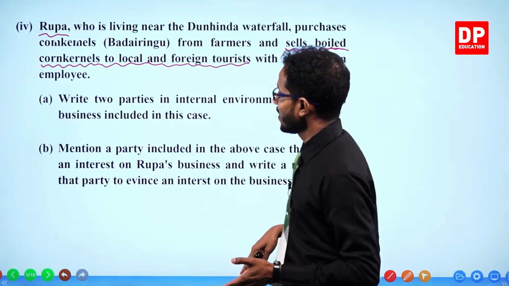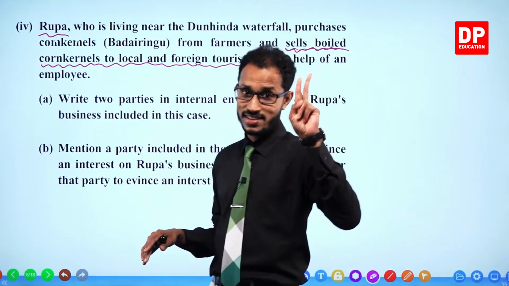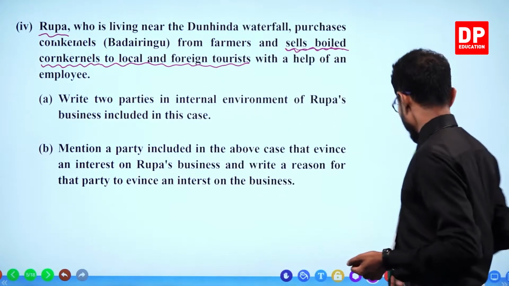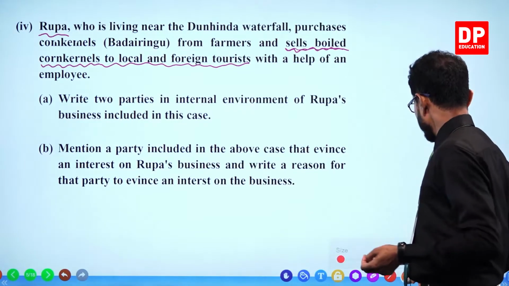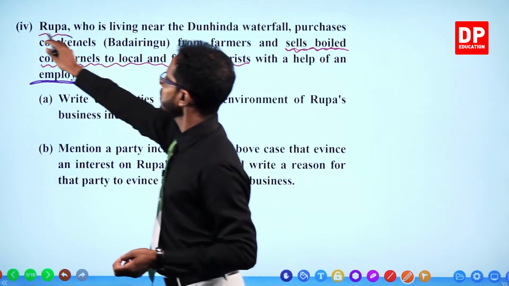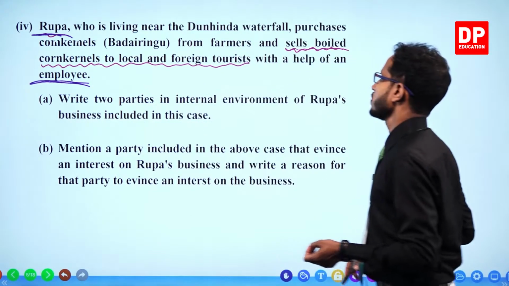Okay, there are two parties mentioned in the case. Rupa is the owner and the employee is a worker. Rupa and the worker.